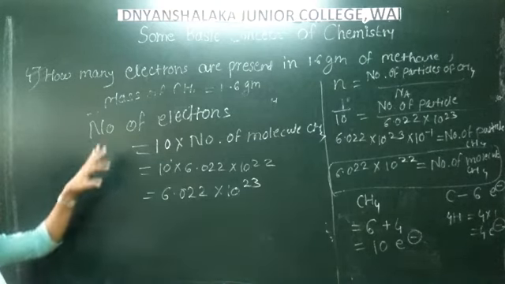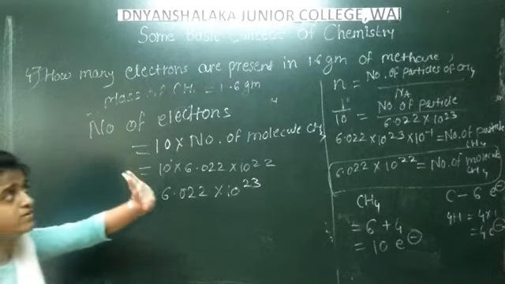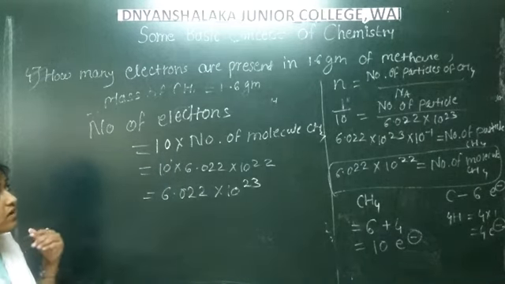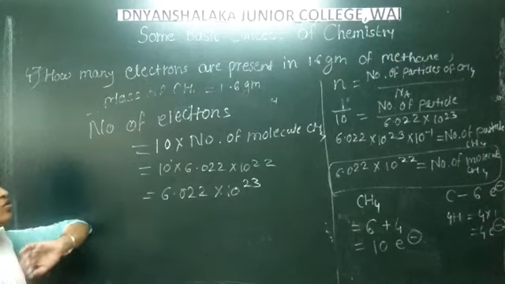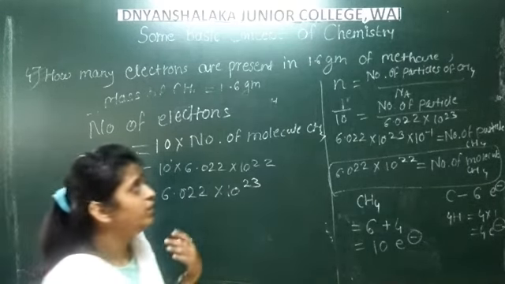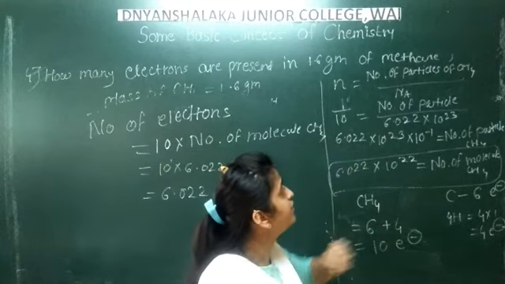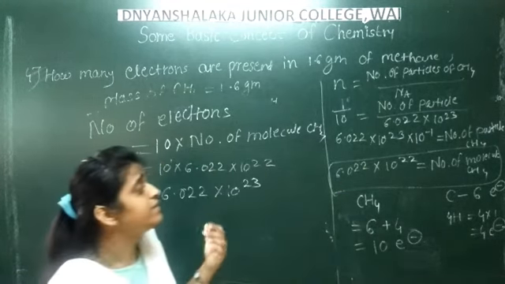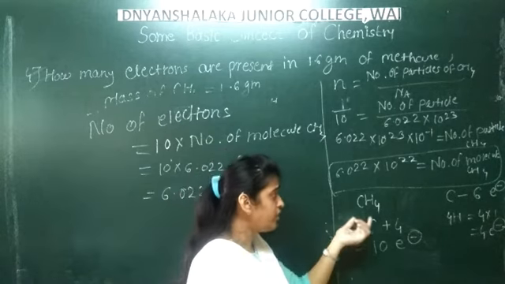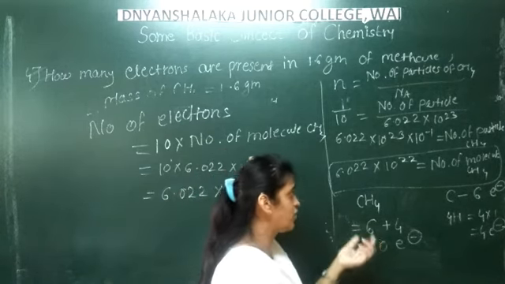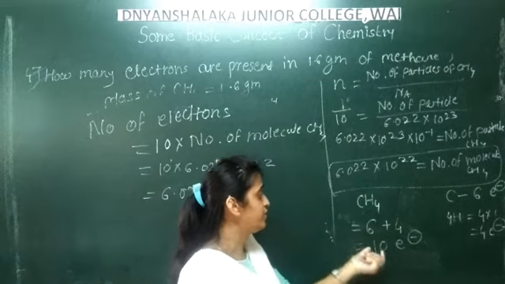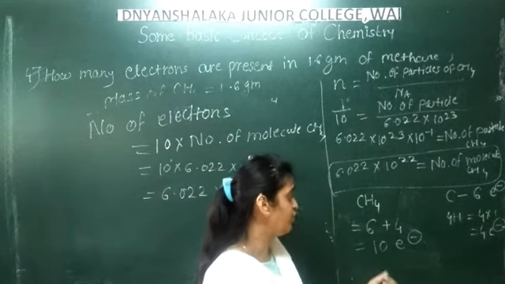Again we explain this example: how many electrons are present in 1.6 gram of methane? In this example the mass of substance is given, so using the mass we first find the number of moles. Then using the number of moles we find the number of particles. But here we have to find the number of electrons. In a carbon atom there are 6 electrons and in the hydrogen atoms 4 electrons, so the total number of electrons in a CH4 molecule is 10.